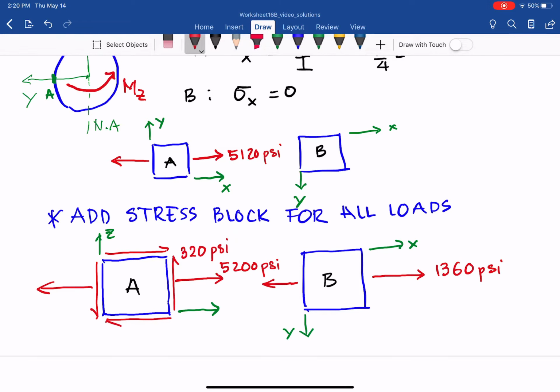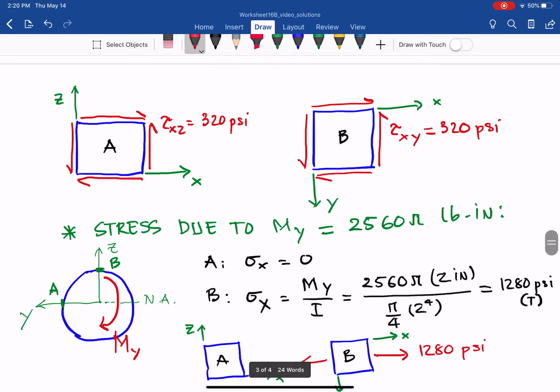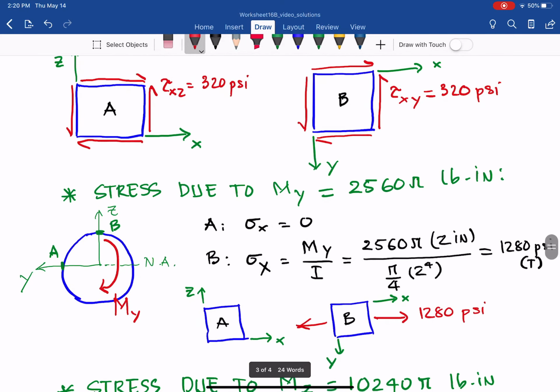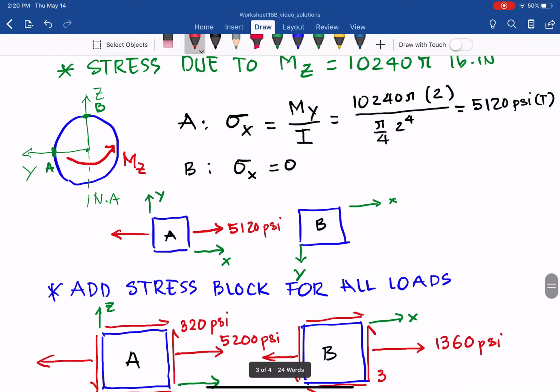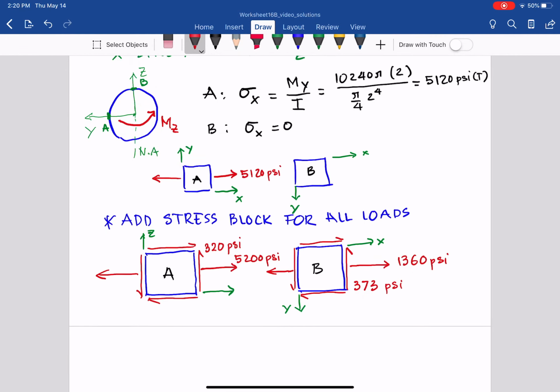It means opposite in your y direction in positive x-axis. Y going down positive, so go up here, go down, go up. And that equals adding up 53.3 plus 320. So we have 373 psi. So that we have the stress block.